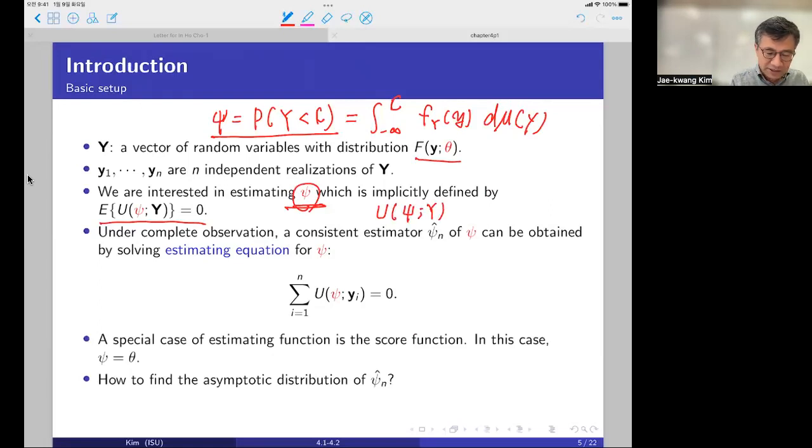The estimating function is just the indicator of y less than c, minus psi. If you take the expectation, then the expectation of this is equal to zero. So the point is that you don't have to know the true density function to estimate psi. That's the nice thing about the estimating function approach.